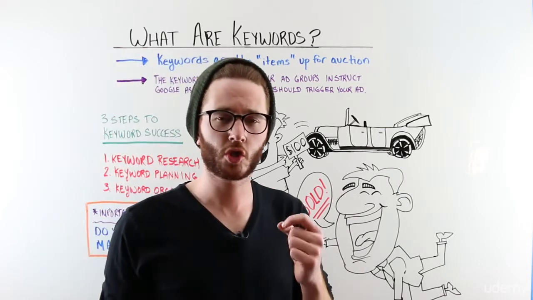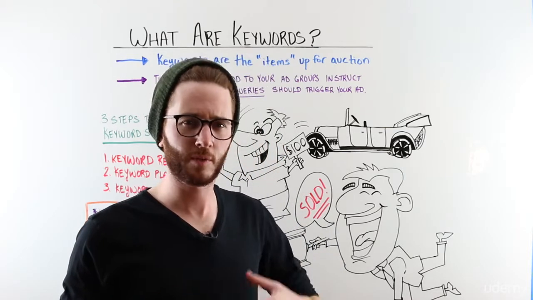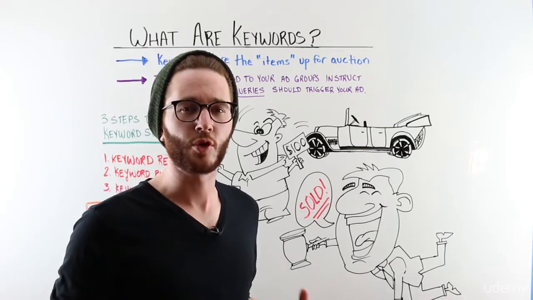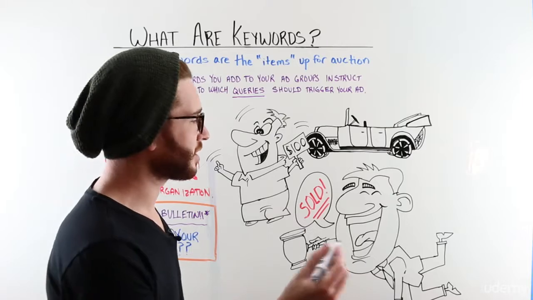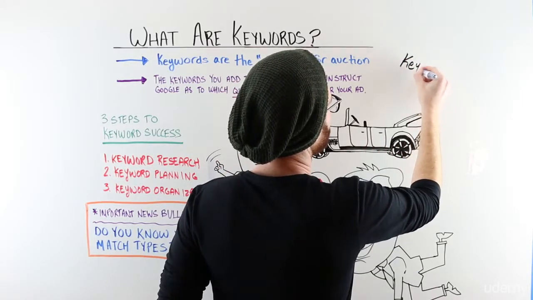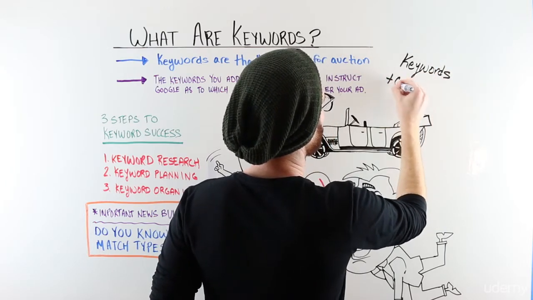Every time someone searches Google for some sort of question, looking for some sort of information, there is a live auction for Google AdWords. People are bidding on keywords. Now, it's important to understand the difference between keywords and queries.